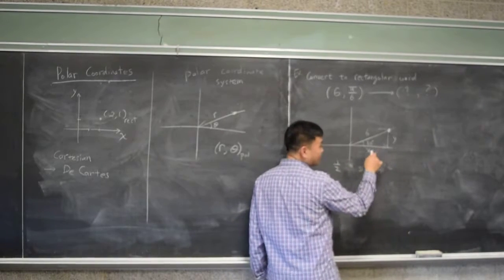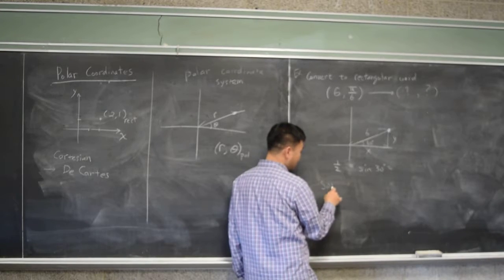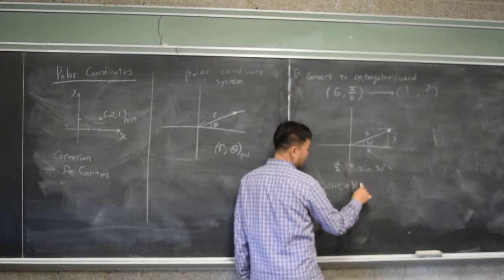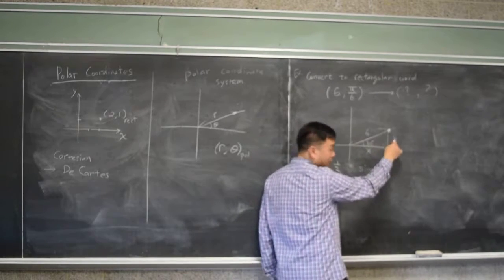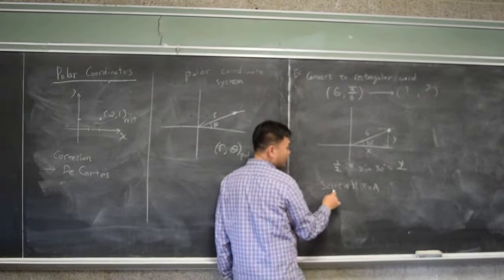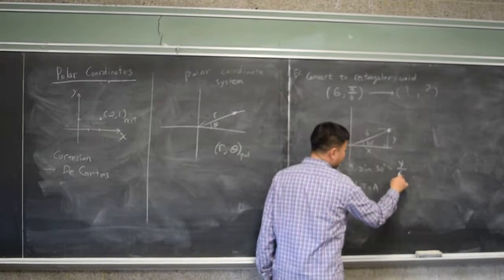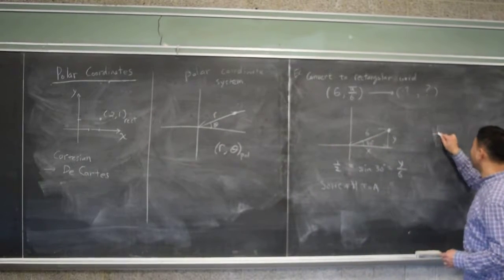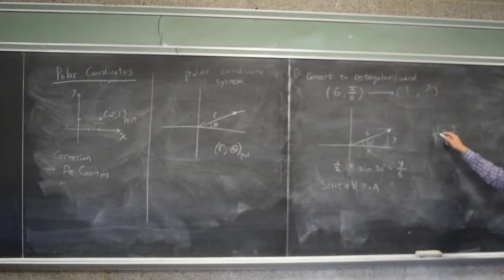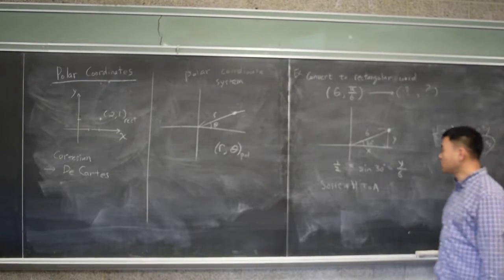That's opposite, which is y, over hypotenuse, which is 6. If you take this 1/2 equals y over 6 and cross multiply, 6 is equal to 2y, and then y is equal to 3. So we find that the y coordinate is 3.